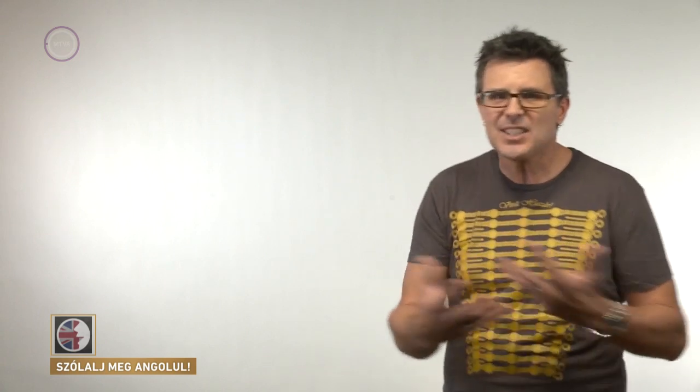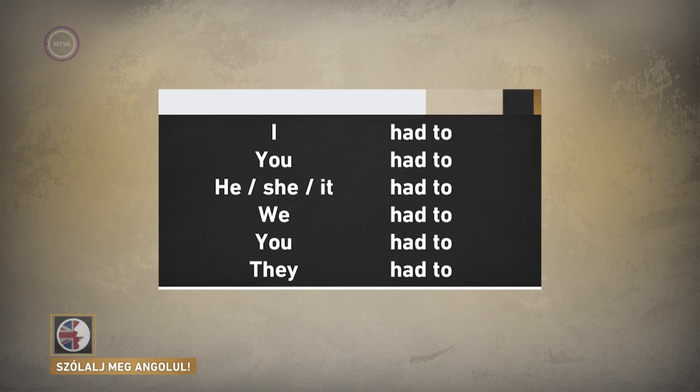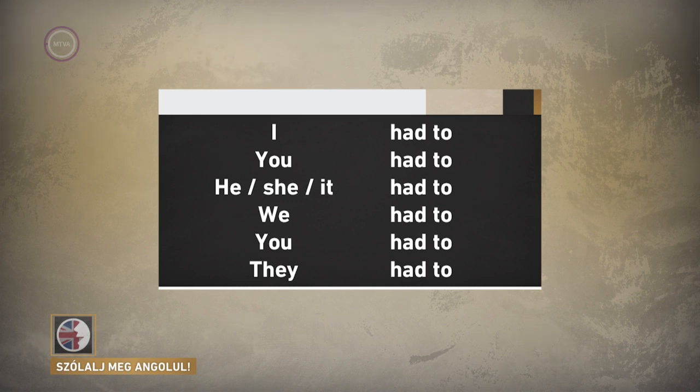Okay, this is simple enough, and it's even simpler because when we change it from have to to had to, we don't have to conjugate anything else. For all the subjects we use had to. We don't have to worry about changing anything from the third person singular, for example. No, it's had to all the way through. I, you, he, she, it, we, you, and they. It's all had to, which makes our lives easier, which is a good thing.